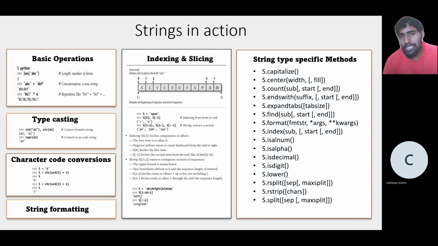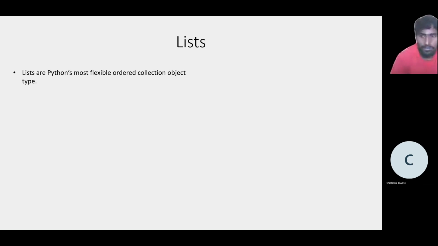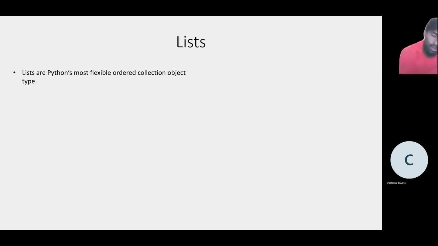So now we will see list again. Lists are again a collection. String is a collection. List is also a collection. But this is more flexible than your string, because in a string you cannot use some special characters, whereas in a list you can use anything.